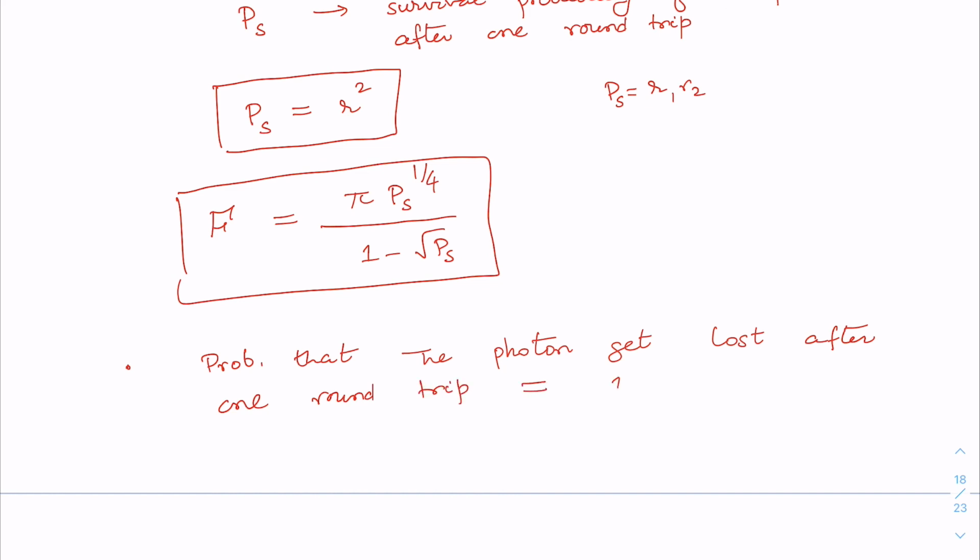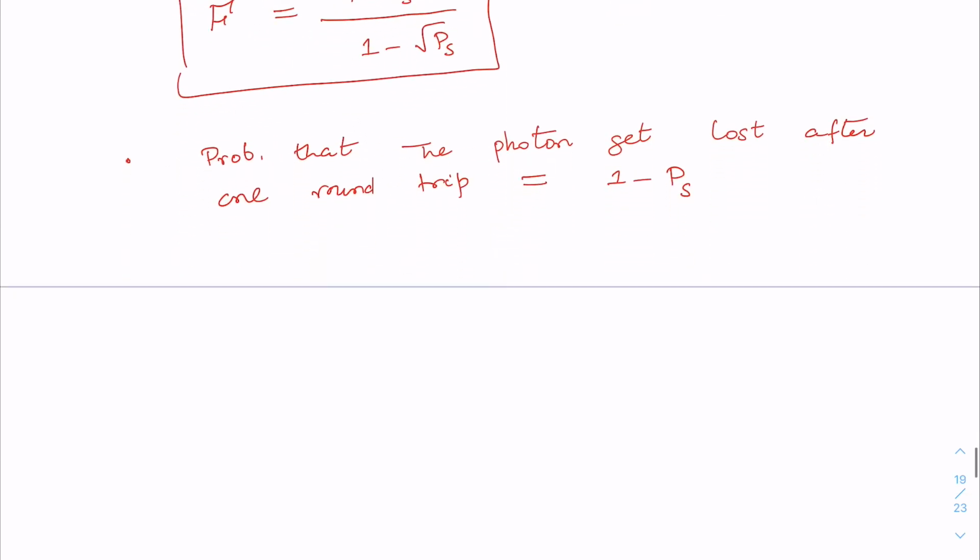So it is clearly 1 minus PS, because PS is the survival probability of the photon after one round trip.